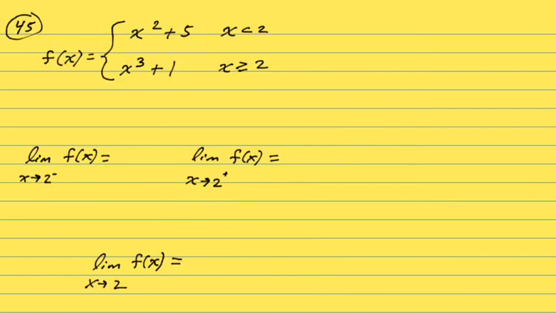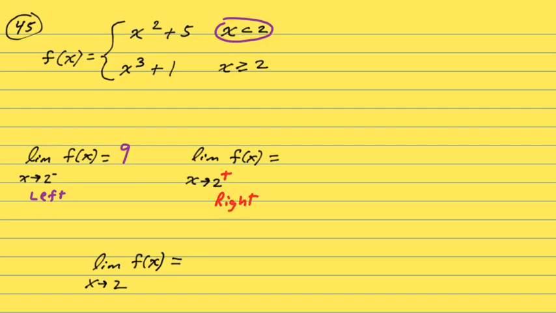Over here, this says to the left of 2. Would left be less than 2? Yes. Left is less than 2. So if you put a 2 into this one, I think you get a 9. Now this one with a little plus means from the right.